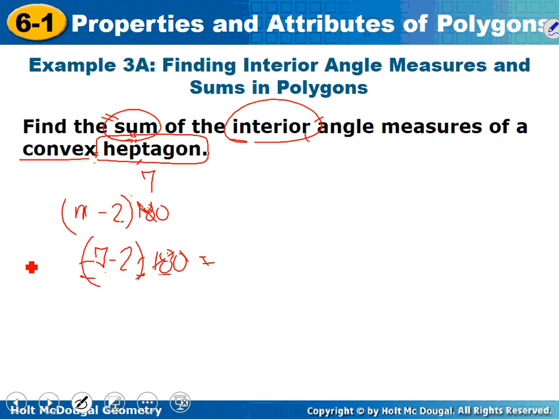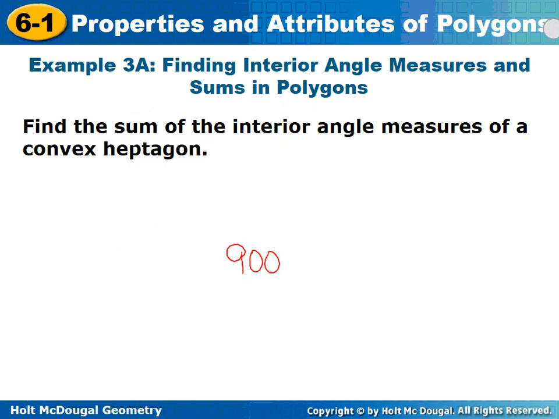What is it? 900. 900 what? Degrees. Make sure you put a degree symbol. You're giving me the sum of all the interior angles. Go to the next one.